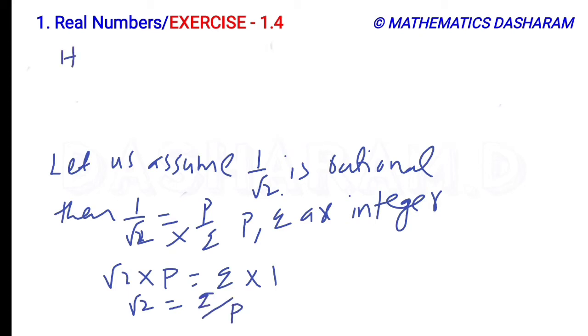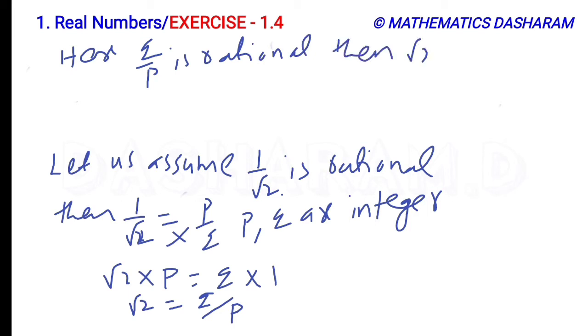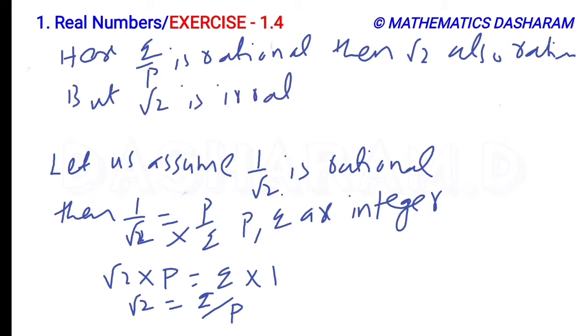So here q by p is a rational number. So then root 2 is also a rational number, because q by p equals root 2. But we know that root 2 is an irrational number.